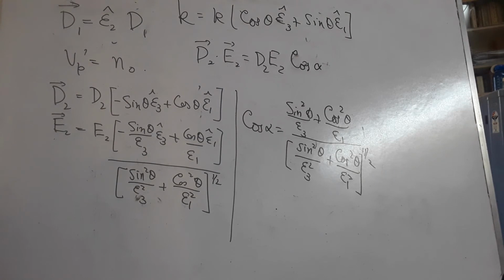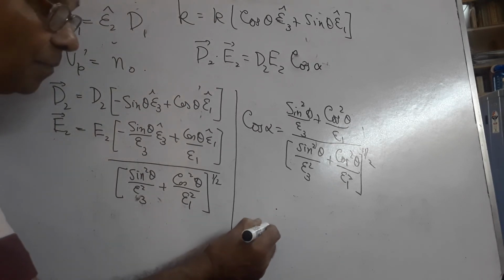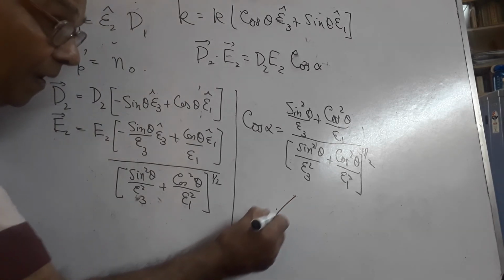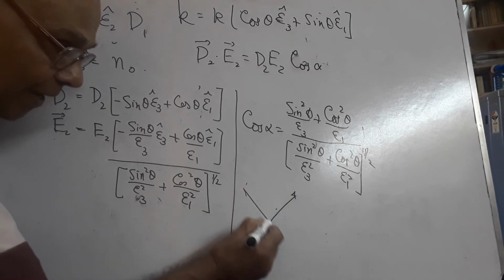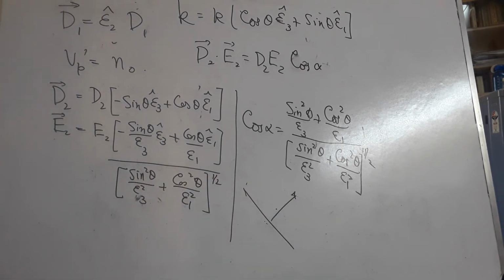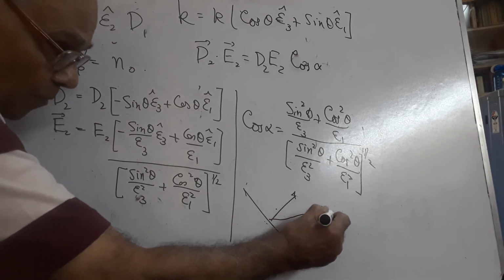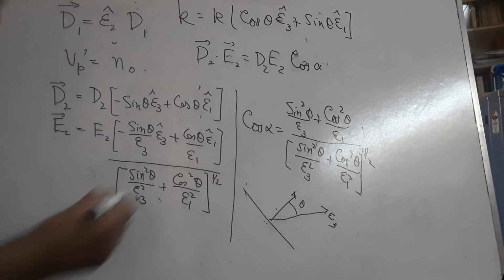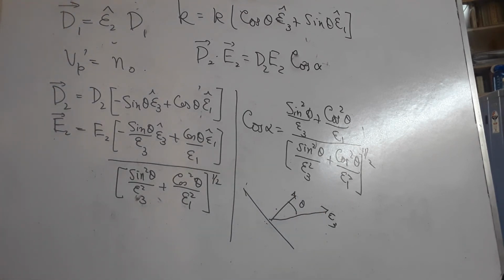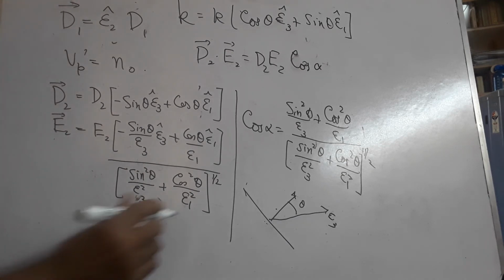So since D2 and E2 are not parallel to each other, the ray will make an angle alpha with respect to K. Say this is my K, and my D is in that direction, this is my epsilon 3 and this was my angle theta. E is in the direction like this.